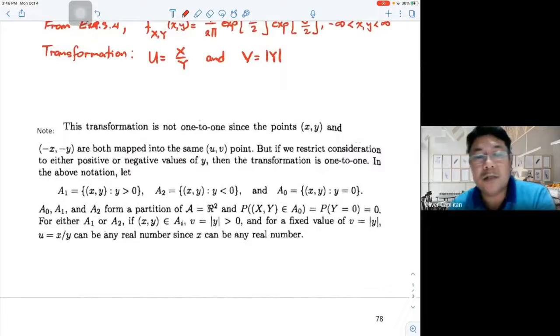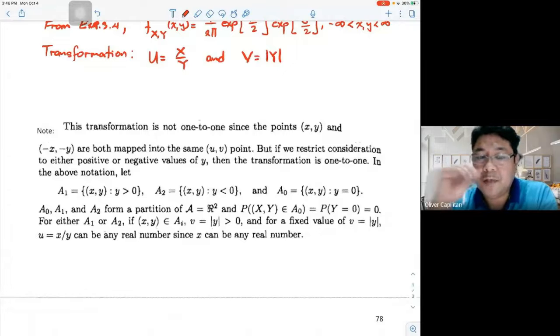Note that this transformation is not one-to-one, since the ordered pair x, y and the ordered pair negative x, negative y are both mapped into the same ordered pair u, v. So it's not a one-to-one function.